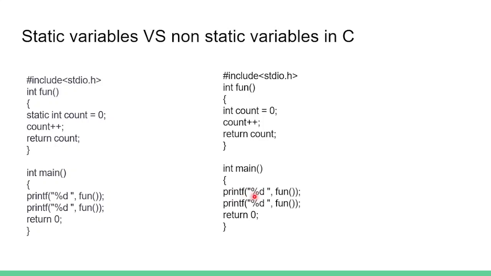That is, the value here will be 1. And in the second statement we have %d, fun again, count will become 0, then count++ which will become 1, and we will get 1. So finally the output for this program is 1 1.